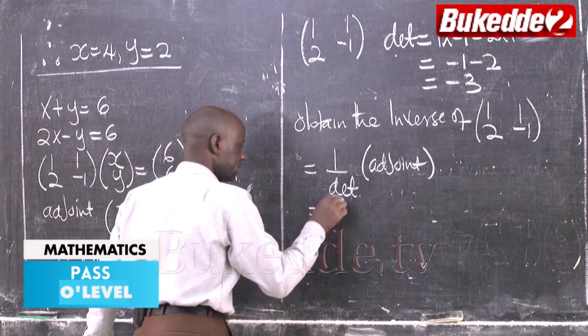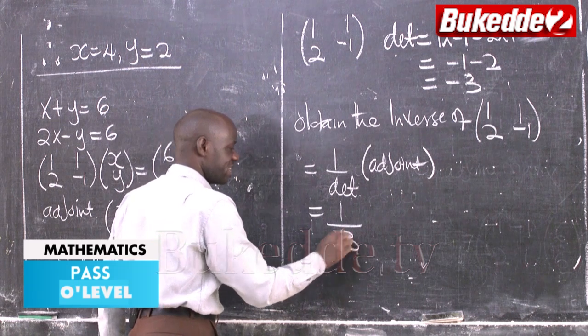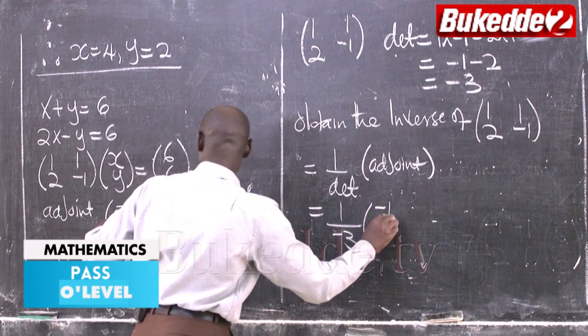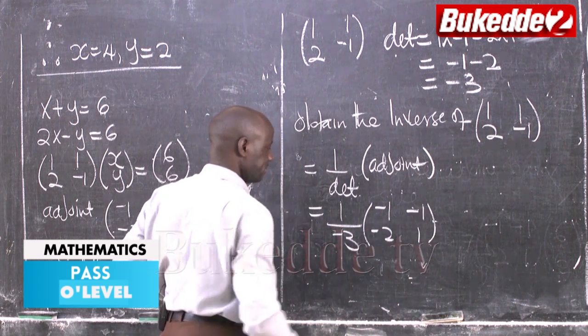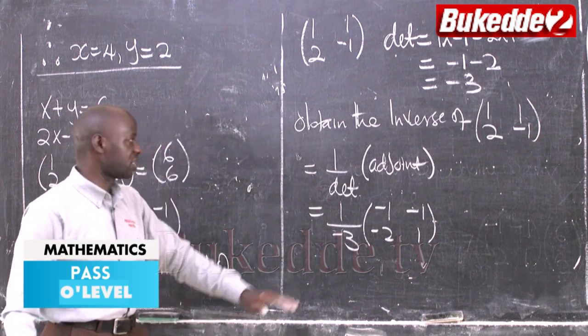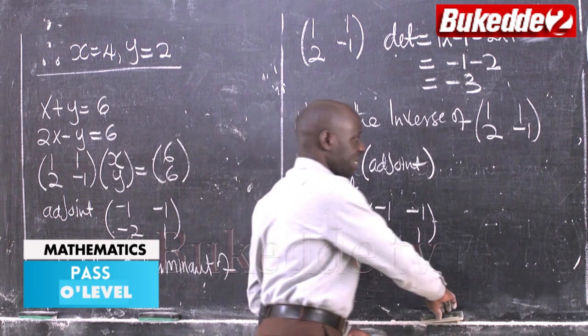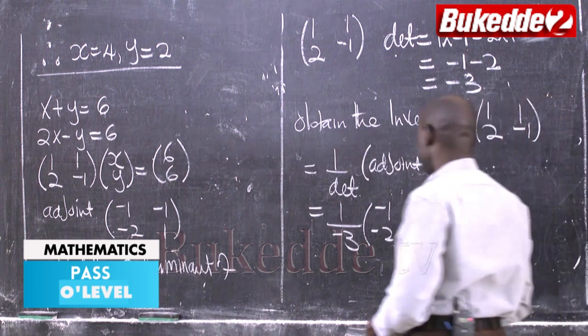Now 1 over the determinant being -3, the adjoint matrix being -1, -2, -1, 1. There, that's your inverse of the matrix. In which case, after having obtained it, what do we do with it?